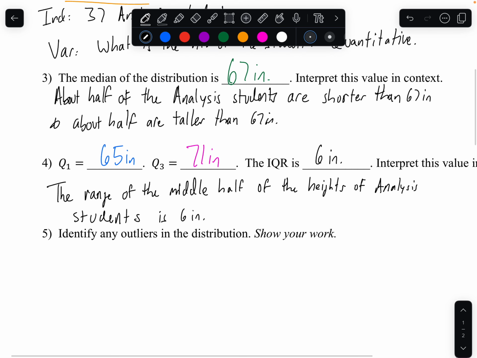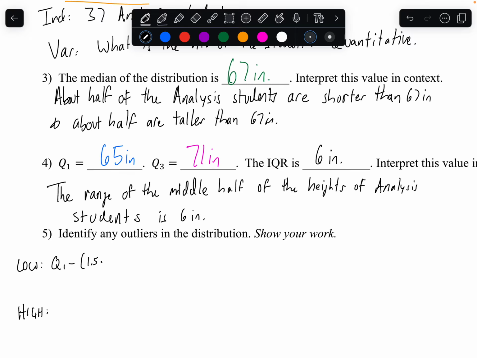Identifying outliers, show your work. These are the two little formulas that you need to know for the low side and the high side. Just memorize those, of course. The low one is Q1 minus 1.5 times IQR. And then the high one is Q3 plus, because we want to go higher than that, 1.5 times IQR.